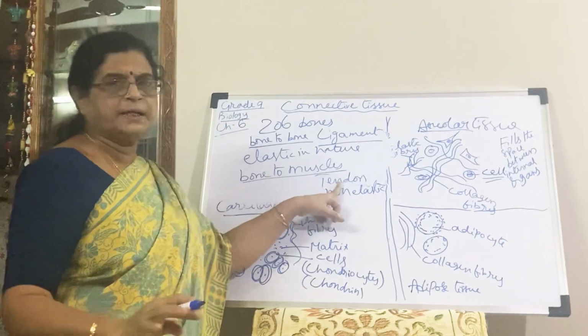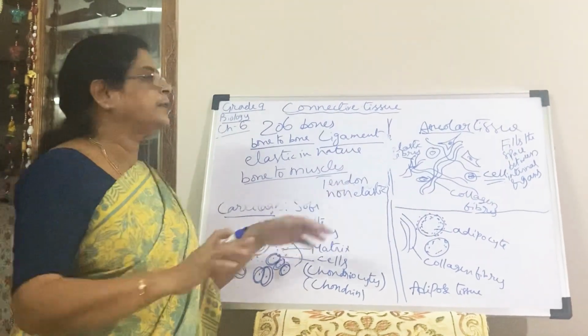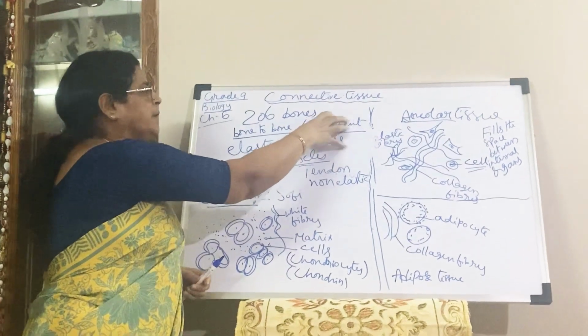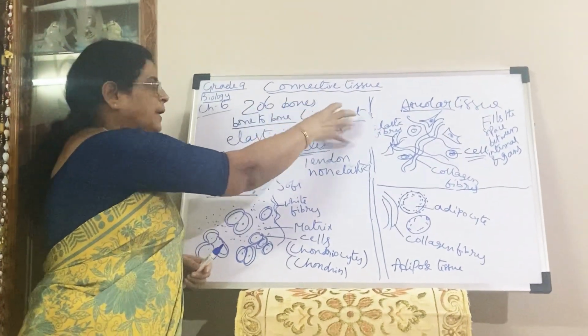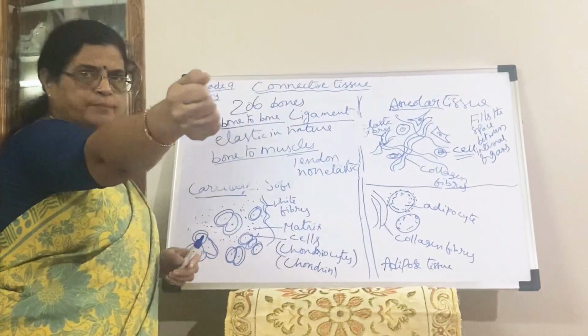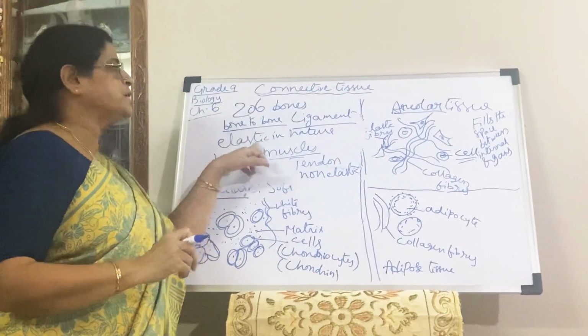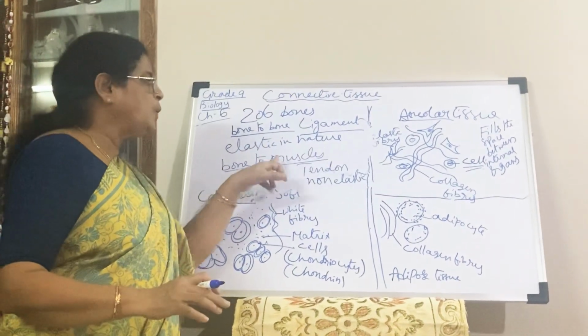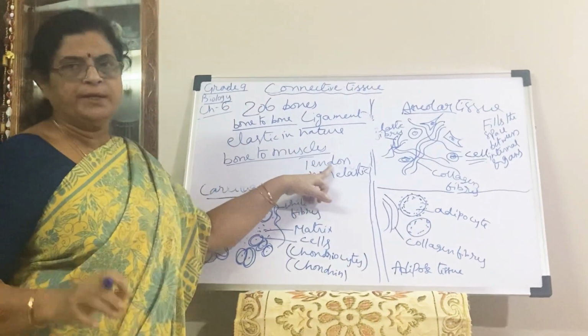Tendons are the connective tissues which connect the bones to muscles. Ligaments connect bone to bone, and we can stretch them, so they are mostly elastic in nature and strong. Here, bone to muscle, the connective tissue is tendon.